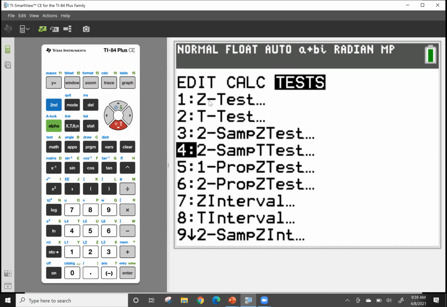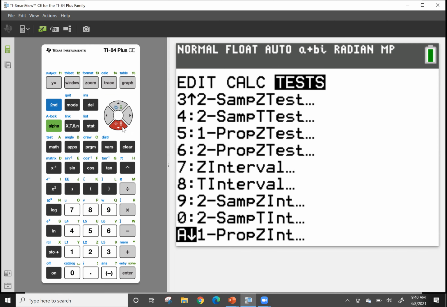So we've used a z-test. We've used the intervals. And down here at A, I have a 1 proportion z-test. And that is what I am going to use.